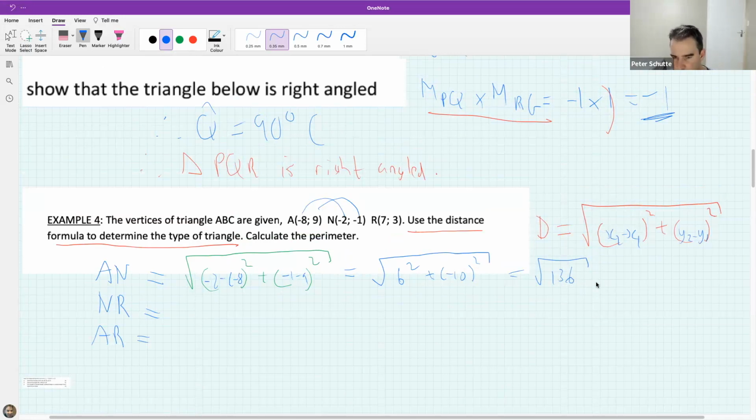I wouldn't convert it to decimals at this stage, just leave it in surd form. Now, I'm interested to know whether NR and AR, what they're going to be. So AN is the square root of 136 units, what are the other two going to be? And then I want you to try and tell me, what type of triangle is this?